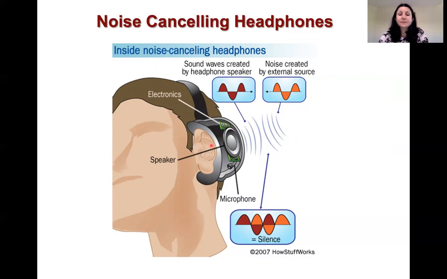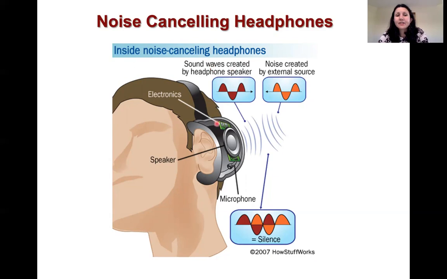Well, what the noise canceling headphones do is that they detect this outside background noise. So let's say this is a wave representing noise created by an external source. Of course, it wouldn't be such a nice wave because typically external noise is a combination of many different frequencies, so it would be something much more jagged, but let's say it was one frequency.